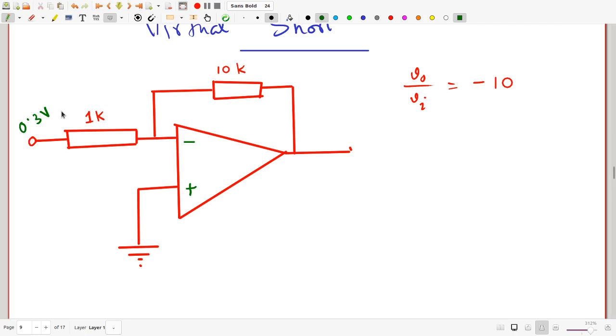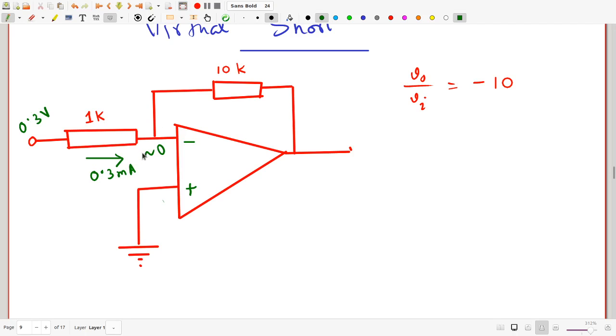Now we have already seen this calculation just a while ago, but you could just as well do this in your head like this. This is grounded, so this must be virtually grounded, so it must be at nearly 0 volts. So the voltage drop across the 1 kilo ohm is 0.3 volts, and the current is 0.3 milliamperes, because that is exactly what you get when you divide 0.3 volts by 1 kilo ohm.